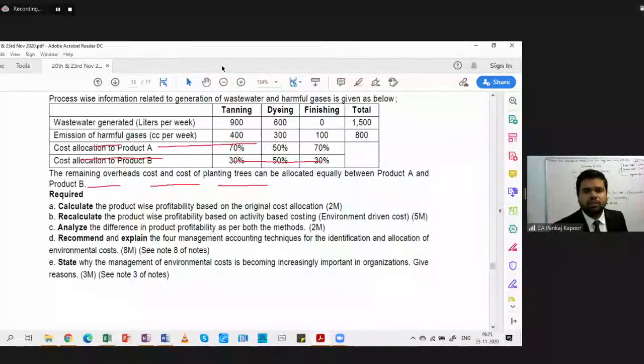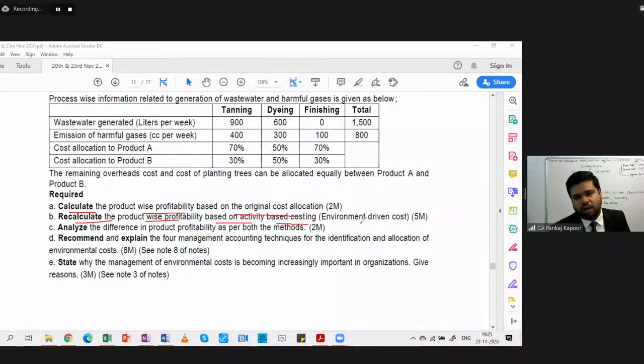Read the requirement, the same requirement. Calculate the product-wise profitability according to the original cost method, traditional costing. Recalculate the product-wise profitability based on activity-based costing, environment-driven cost, meaning ABC costing, and analyze the difference in the product profitability as per both the methods.